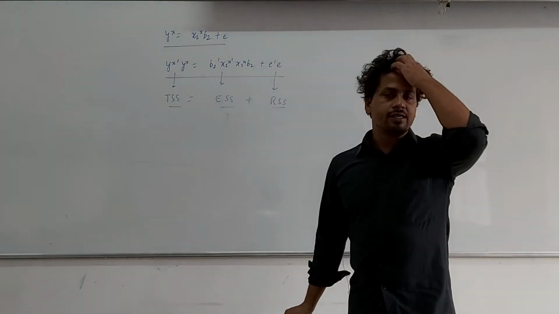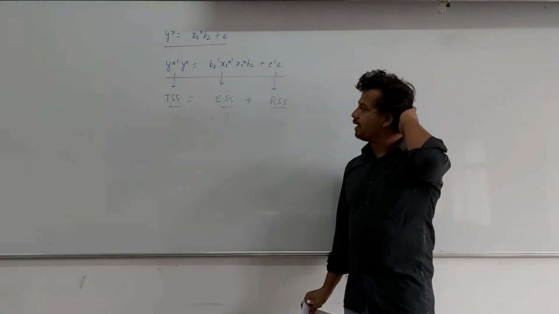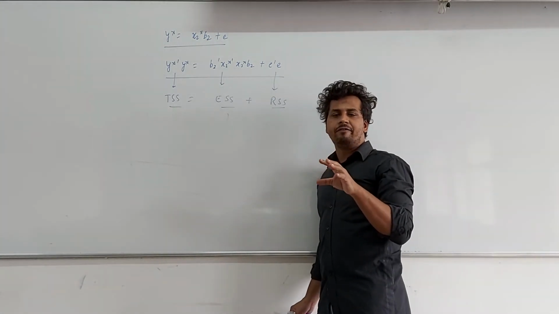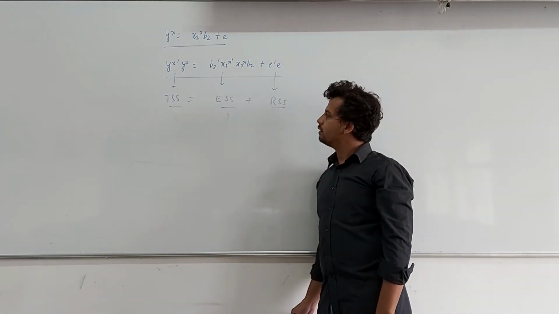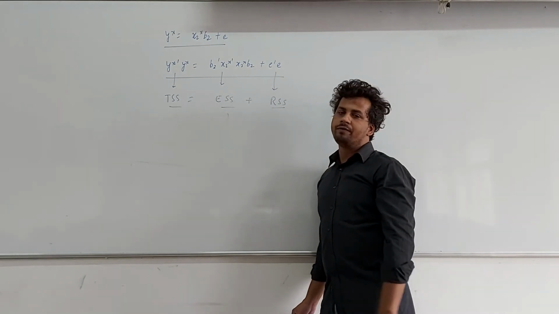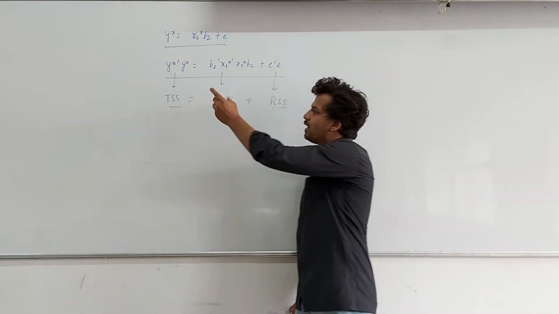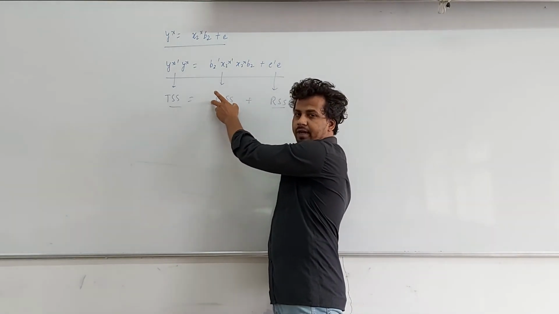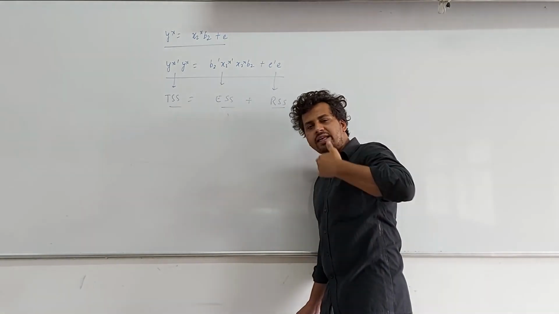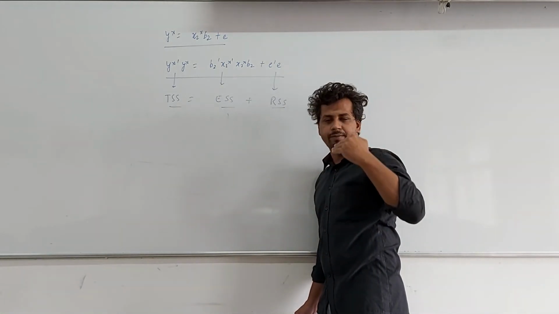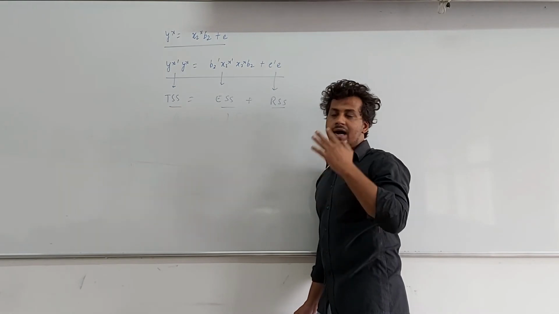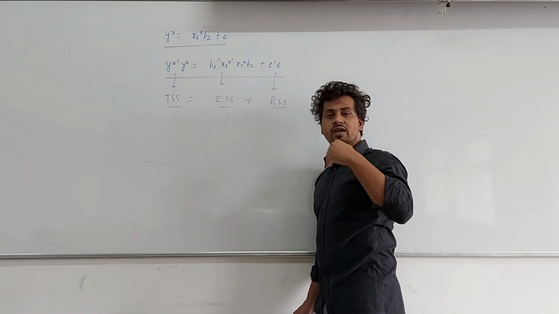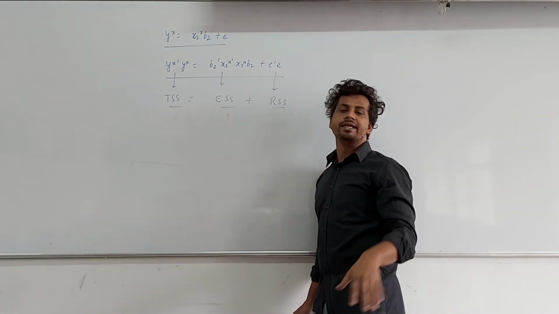So ideally R square क्या बताता है हमें? R square बताता है कि proportion of variation in y values explained by the regression. But there is one problem with R square. Since R square depends on this ESS, as long as you keep on increasing the number of explanatory variables in the model, your R square, if it does not increase, it will never decrease.